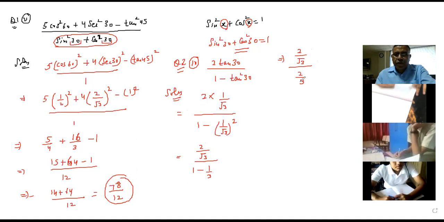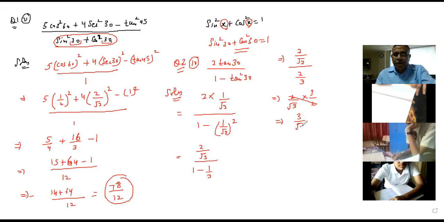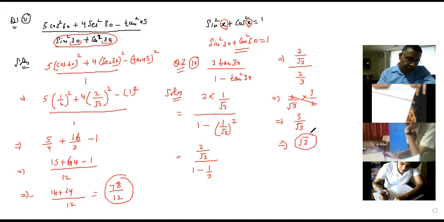This is 2 over 3, it goes 3 over under root 3, which implies it is under root 3. So from the options, we have to see which value matches.